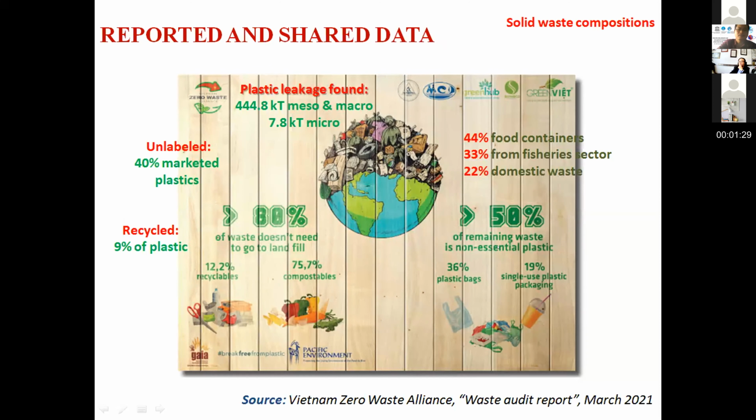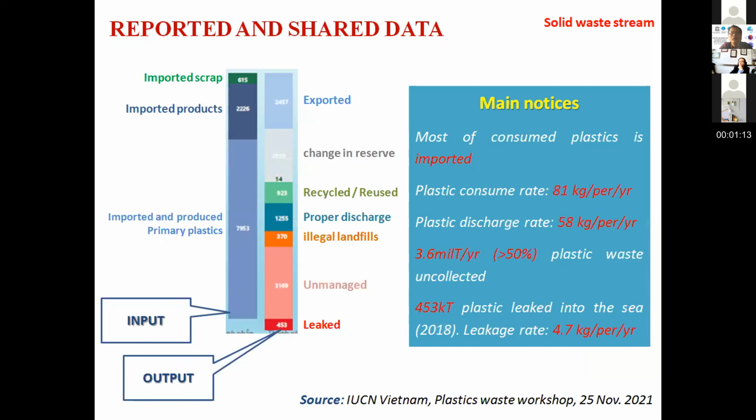And this is the picture. This survey was done by the Vietnam Zero Waste Alliance, which has a lot of organizations, including universities and some research institutions. We know the solid waste stream, like the input, the scrap and imported products, and here you can see the input and the output.